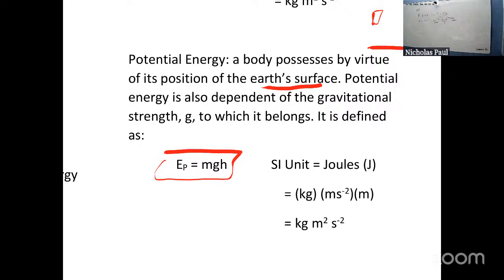Like if something is falling. If something is falling, it didn't hit the ground as yet, but it's falling, right? If something is falling and it's about 5 meters above the ground, it has potential and it's moving, so it also has kinetic. So an object can have all kinetic, all potential, or a mixture of both.